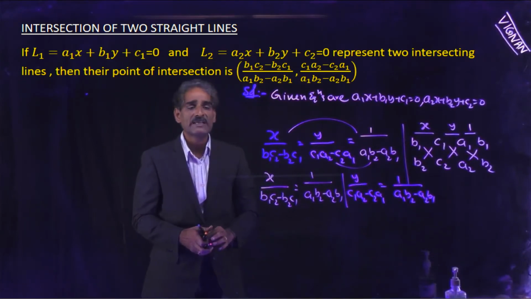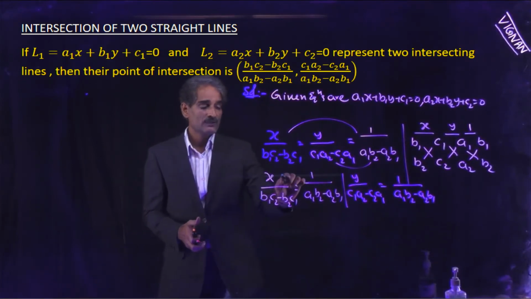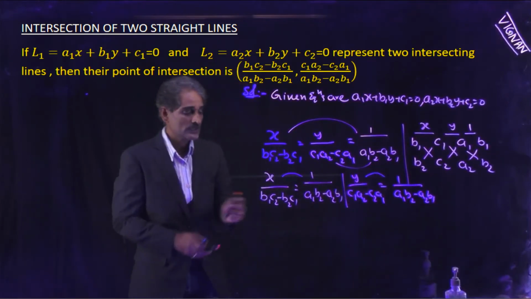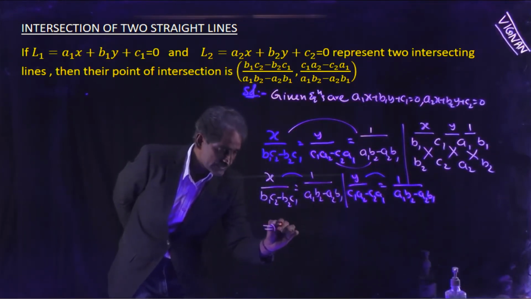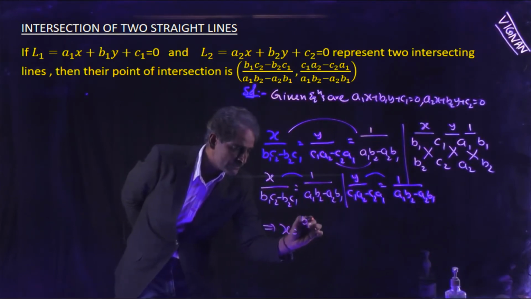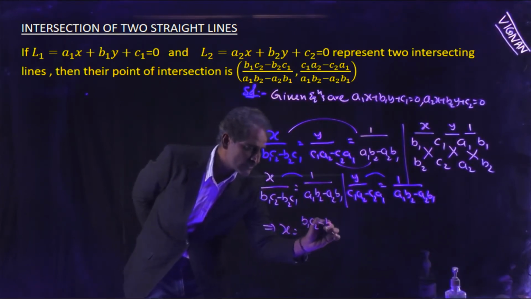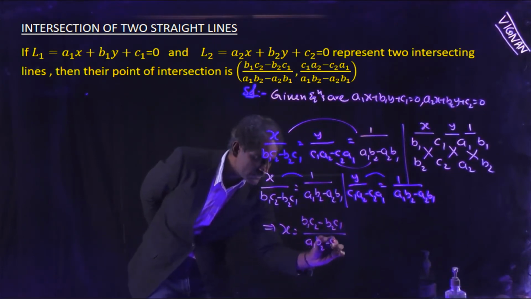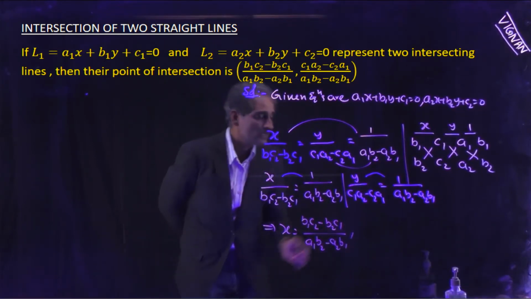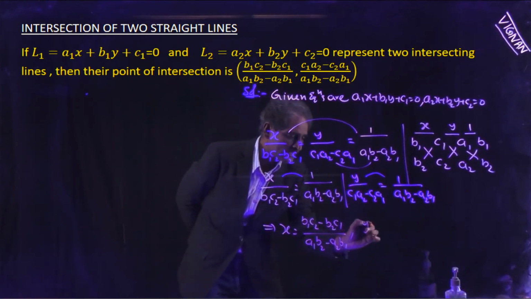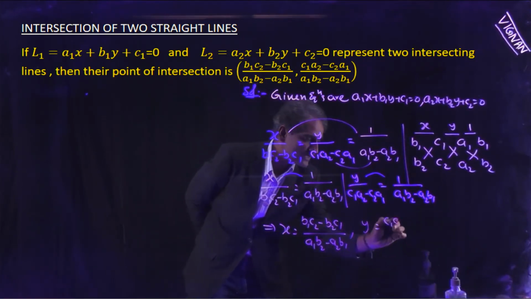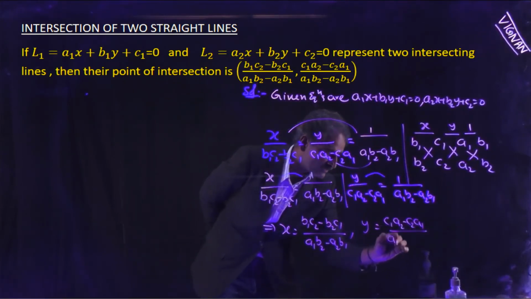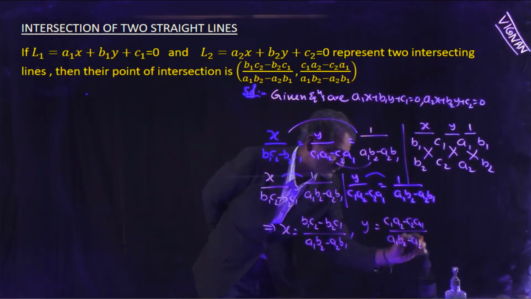Now write down the x value and y value. From this, x is equal to (B1C2 minus B2C1) by (A1B2 minus A2B1), and from this y is equal to (C1A2 minus C2A1) by (A1B2 minus A2B1).